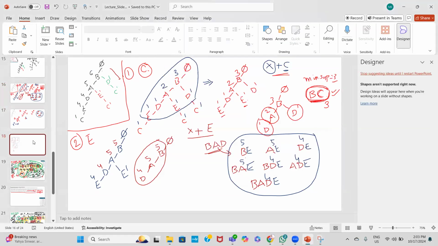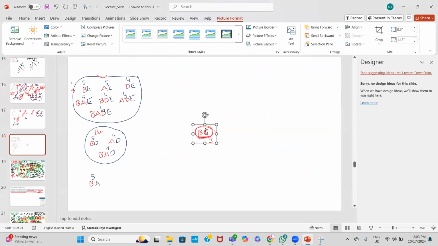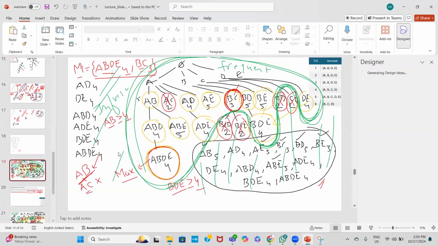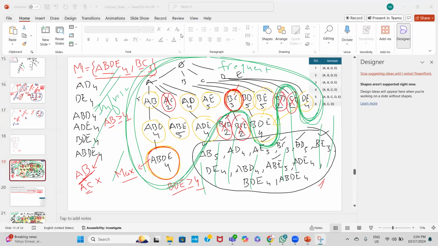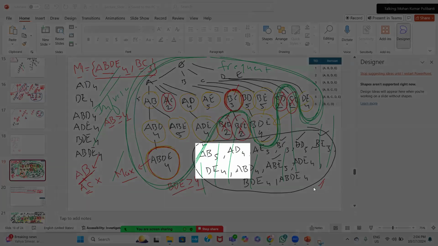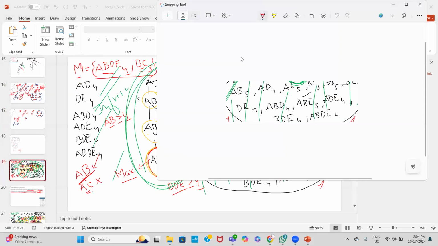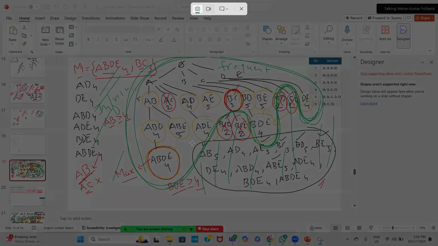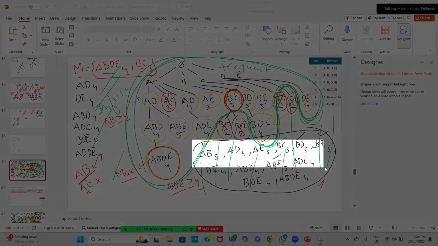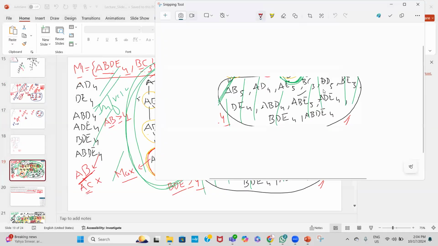This is all what we have got, and this is the result that we have got from the a priori algorithm. Now we have to compare both the results and make sure we have got both the results equal. That is what we actually tried to solve by this.